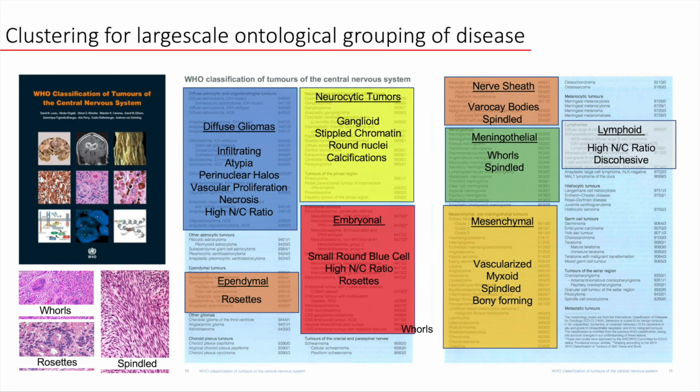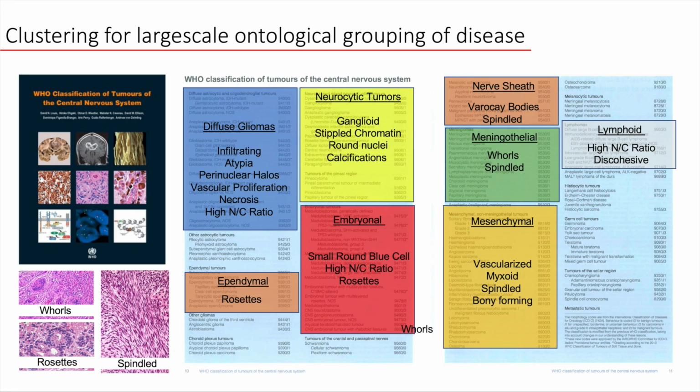Pathology exists because many of these biological behaviors often correlate with microscopic features, whether it be the way the nuclei are arranged, kind of spindled patterns, whorls in meningiomas, rosettes in specific types of glial neuronal tumors. And so we have nice histological correlates that help humans organize these different types of tumors.